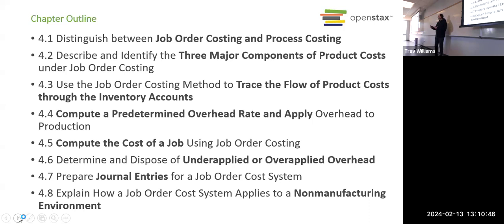Then once you start to make a product, it becomes work in process. So it's still inventory, but now you're adding labor and overhead and sometimes even extra materials. At this point, we call it work in process. And then when you finish making those goods, we call it finished goods. So those are the three phases of inventory, and we need to track that through the whole process.